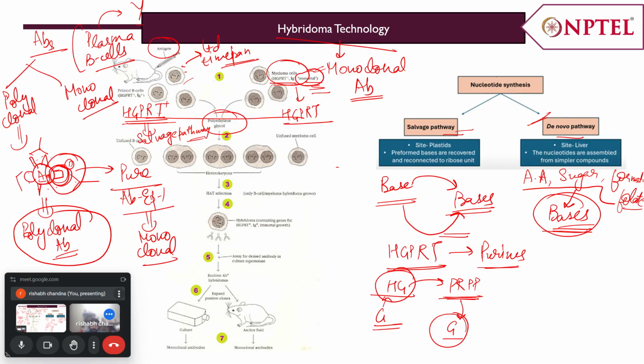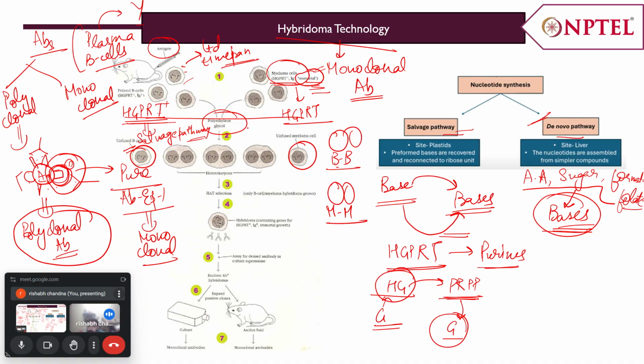After fusing these cells, we will get five populations. One is the unfused B cell, meaning only a single B cell. Another is the unfused myeloma cell. Then there is the possibility that two B cells have fused with each other, and that two myeloma cells have fused with each other.